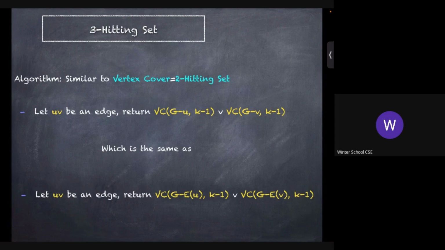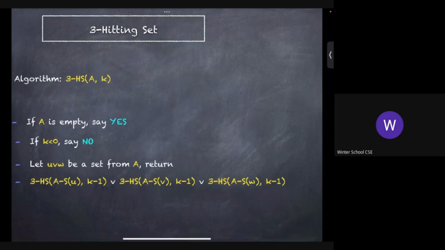So this is exactly the same. In one graph I remove all edges incident to vertex u, and in the other I remove all edges incident to vertex v, and reduce the parameter in both. So for 3-Hitting Set, I will have the following algorithm.